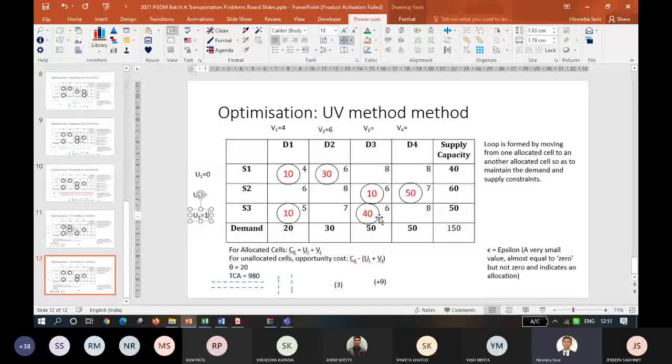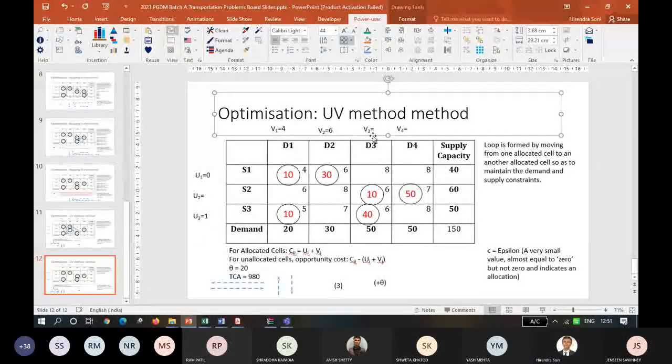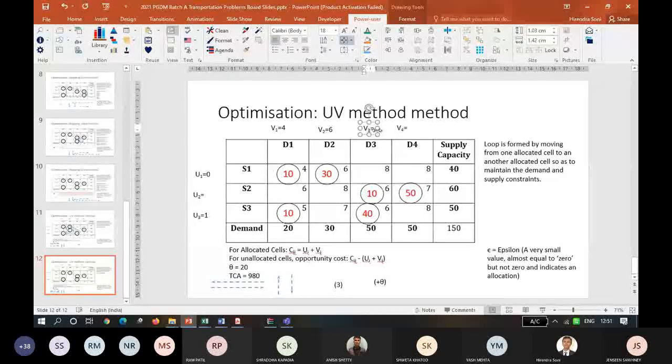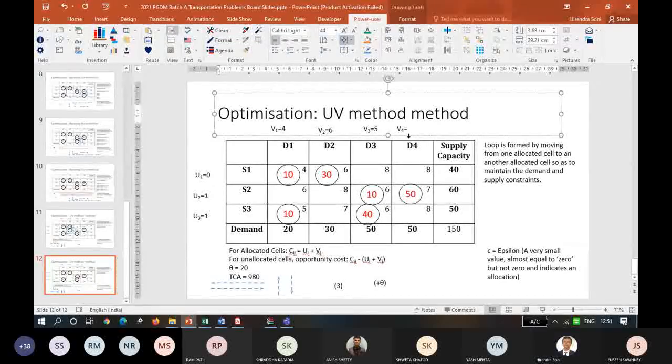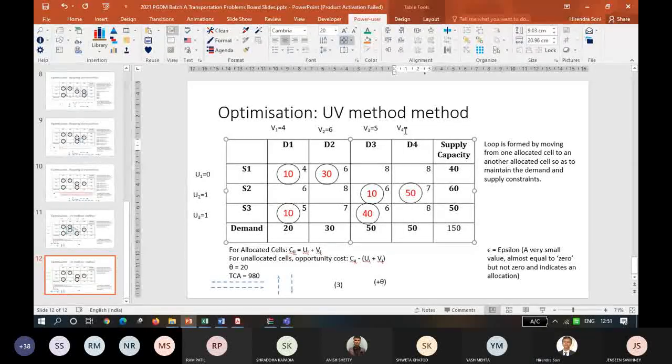Now, since U3 is known, I can calculate V3. So 6 minus 1. So V3 is 5. Now, since V3 is 5, so 6 minus 5, so U2 equals to 1. Once U2 equals to 1, so V4. So 7 minus 1, so V4 equals to 6. Correct, na? Have we got all the values for U and V?